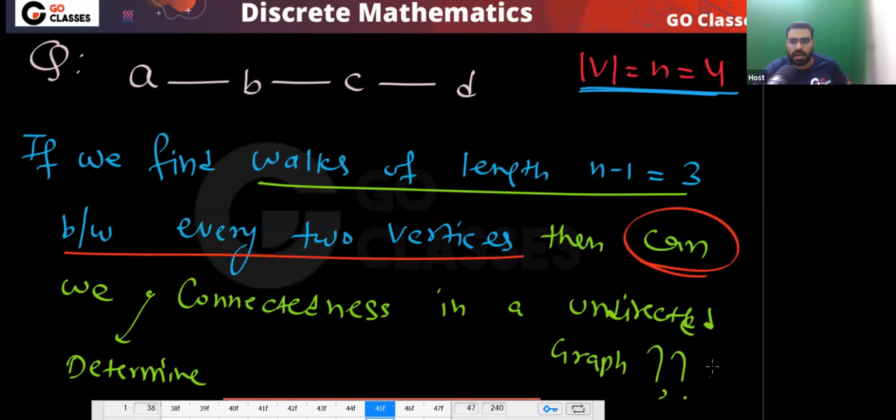Yes or no? The answer is going to be no, because you can easily see that between A and D there is a 3-length path, a 3-length walk. But between A and B there is only a walk of length 1 or 2.